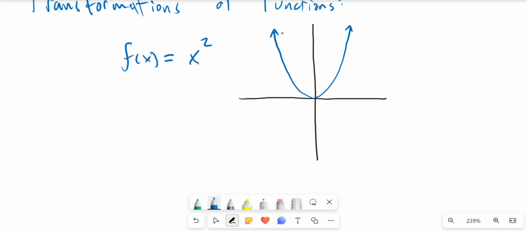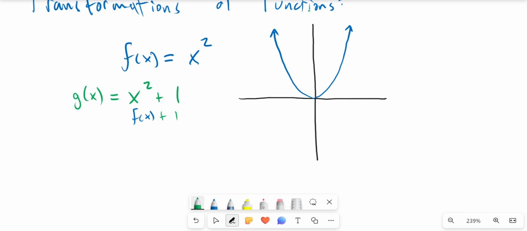And let's consider what would happen if I made some new function, let's say g of x. What would happen if I just added 1 to the outside of my function? So notice this is f of x plus 1. What does that do?